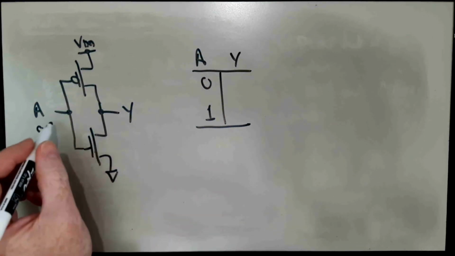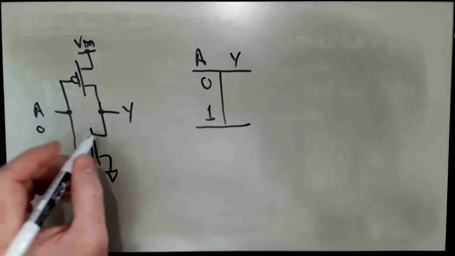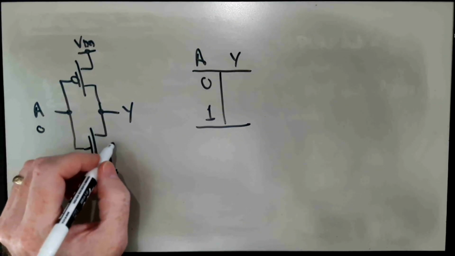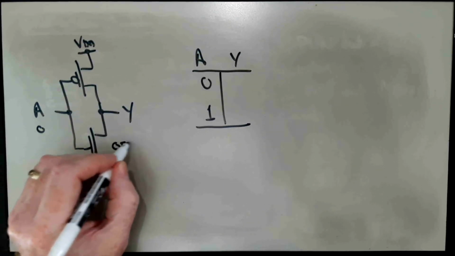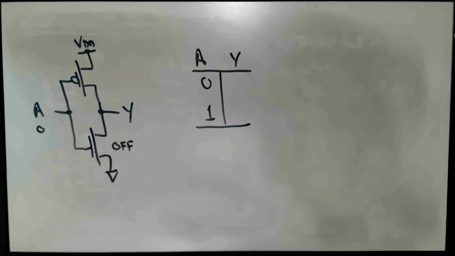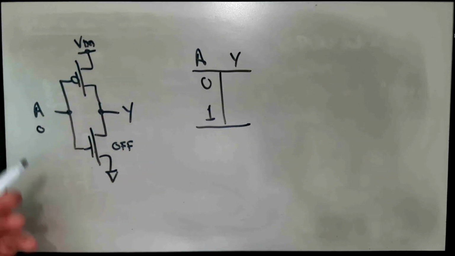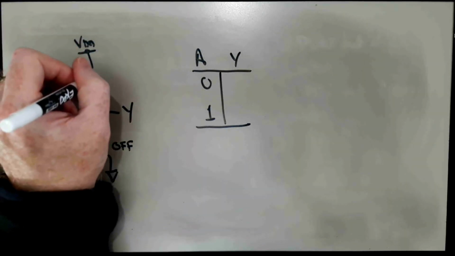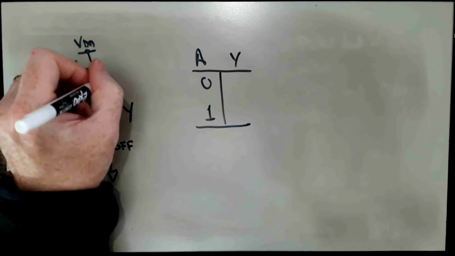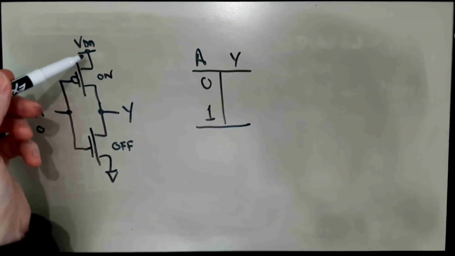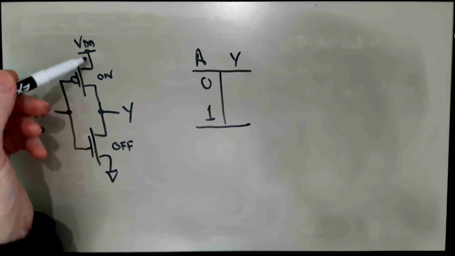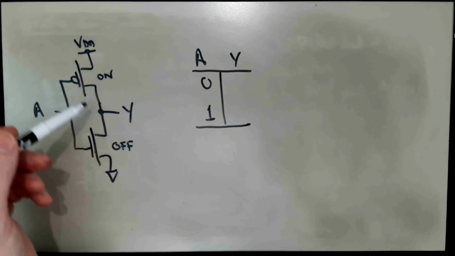If we make A 0, connect the gate to ground, the Nmos transistor is going to be off, down in weak inversion. And the Pmos transistor, meanwhile, is going to have the source up at 5 and the gate down at ground. So it's going to be as on as we can make it. It's going to be way up in strong inversion. And so we're going to have a nice solid conducting path between VDD and Y.